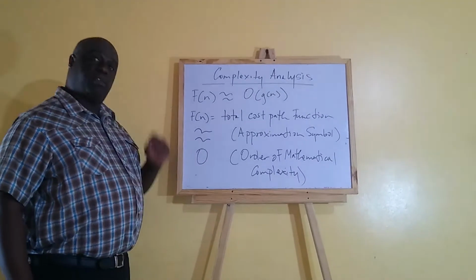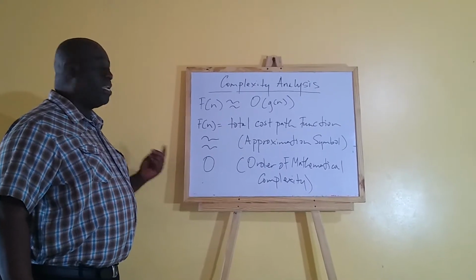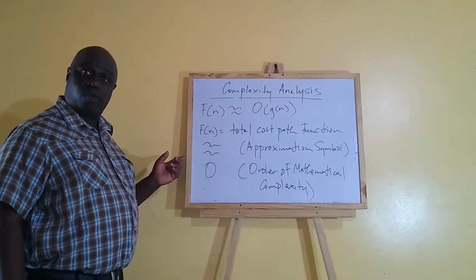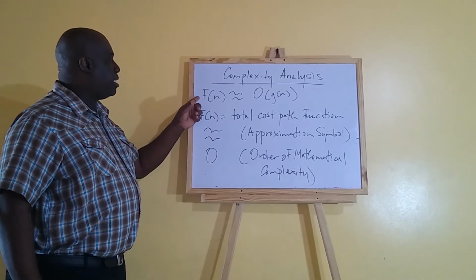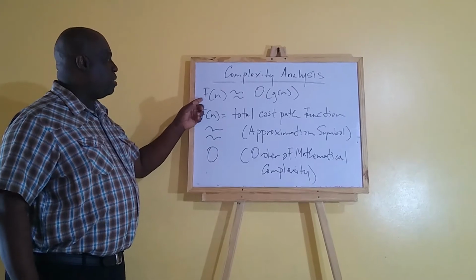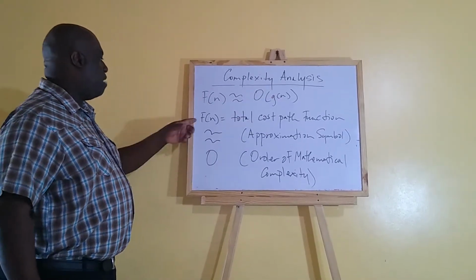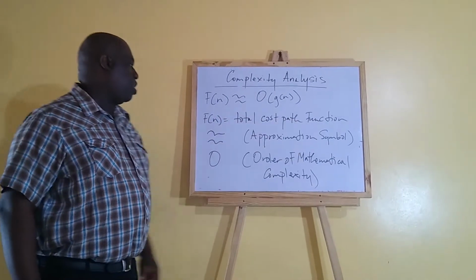So in the context of the complexity scale, a function which is log n or n log n or n squared all the way to n factorial from before, we can treat it as a function f of n, which is approximately of order g of n. So f of n will represent what we call our total cost path function.